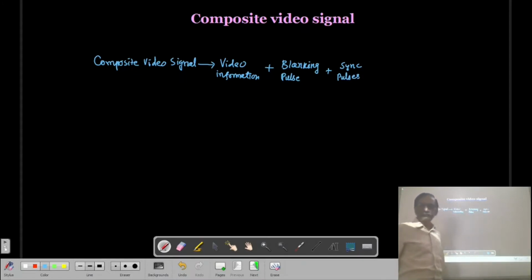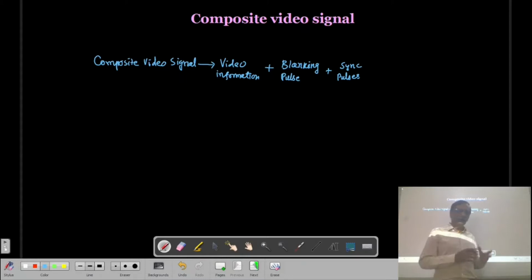Basically, these blanking pulses and the sync pulses are introduced to lock the picture on the screen of the picture tube. So when the camera is scanning line number 1, at the same time in the picture tube also line number 1 has to be traced.